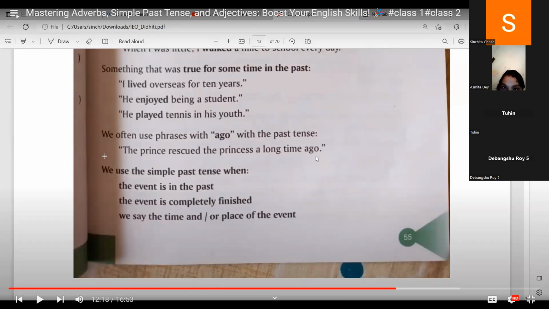Okay, Debangshu, can you tell me an example, beta, with ago? Yes, ma'am.